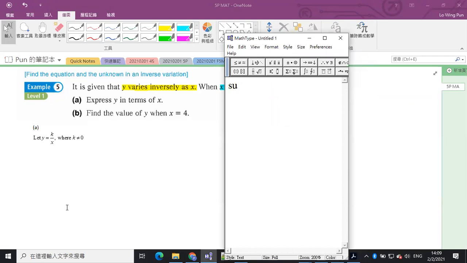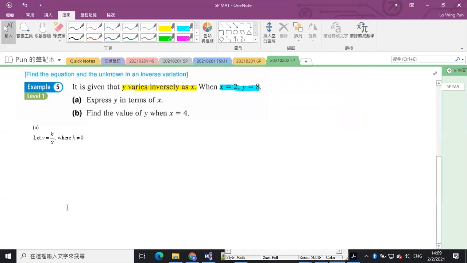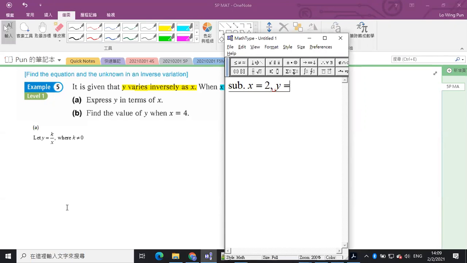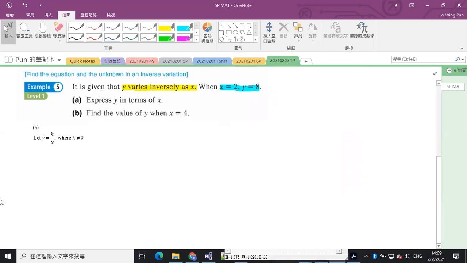So substitute x equals 2 and y equals 8 into your equation. Then you get 8 is equal to k over 2. You just multiply the 2 to the left-hand side, and you'll find that 16 is equal to k, and then k is 16.